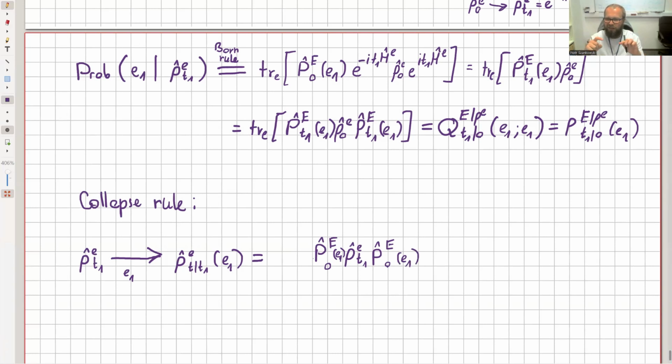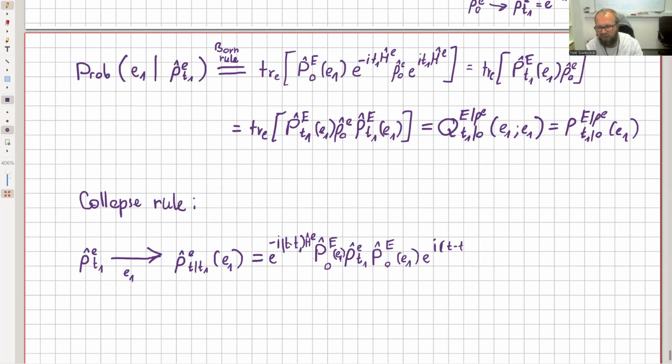And once you do the collapse, you can continue evolving freely from that point in time, which is where the Hamiltonian comes in. So we evolve it like any other density matrix.